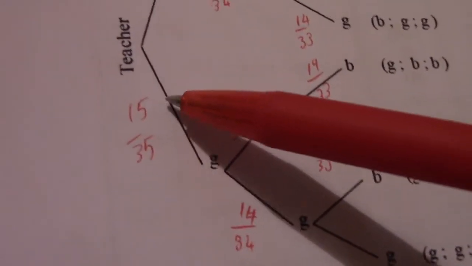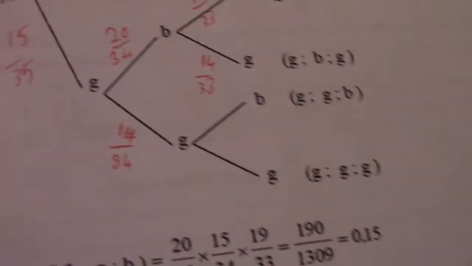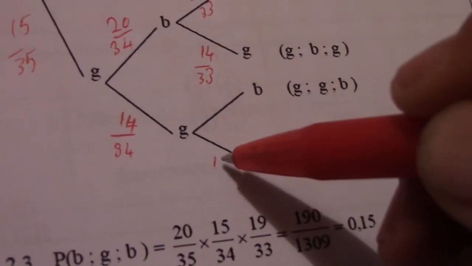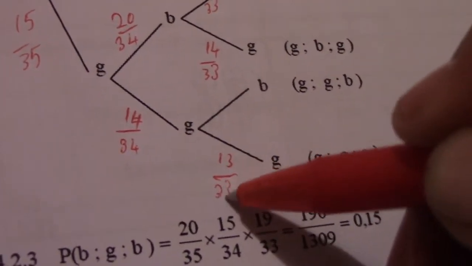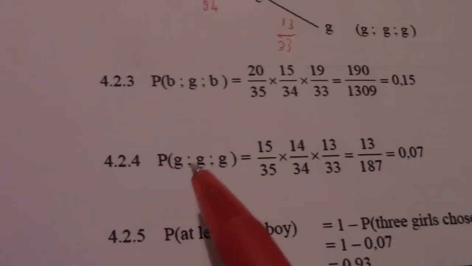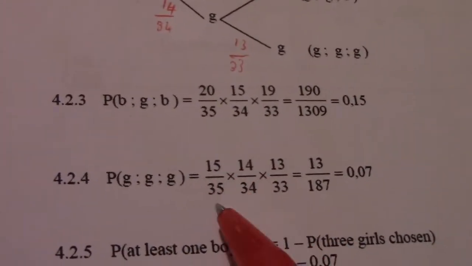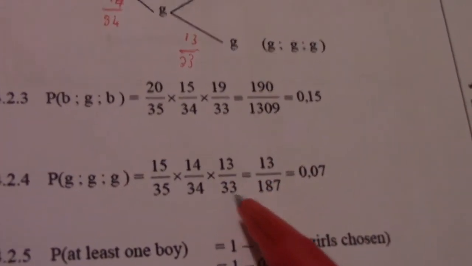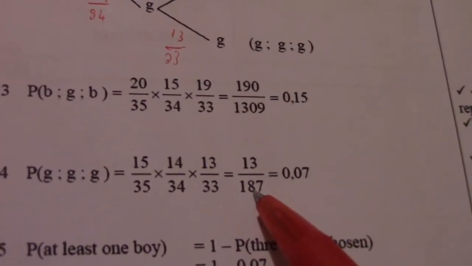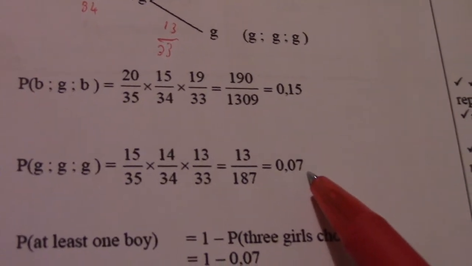The first probability, I can choose a girl is 15 over 35. Then 14 over 34, and you can see 1 less girl, 13 over 1 less at the bottom, 33. So the probability it will be GGG would be 15 over 35 times 14 over 34 times 13 over 33, which gives me 13 over 204, equals 0.07.